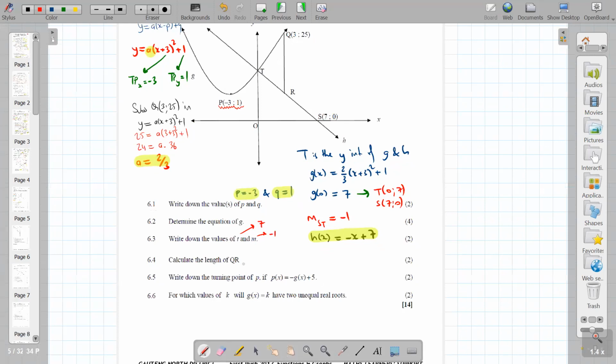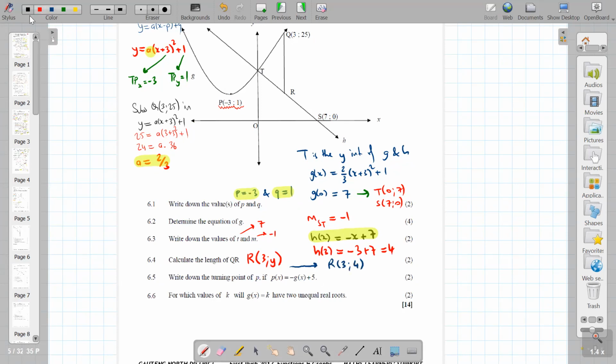I know the X coordinate must be 3, and I don't know the Y coordinate at the moment. But I get Y coordinate by substituting 3 into H, because it's on that function. You substitute X equals 3 into the function of H and it gives you 4. So that's my Y coordinate. So that's how I can get coordinates of R is 3 and 4.